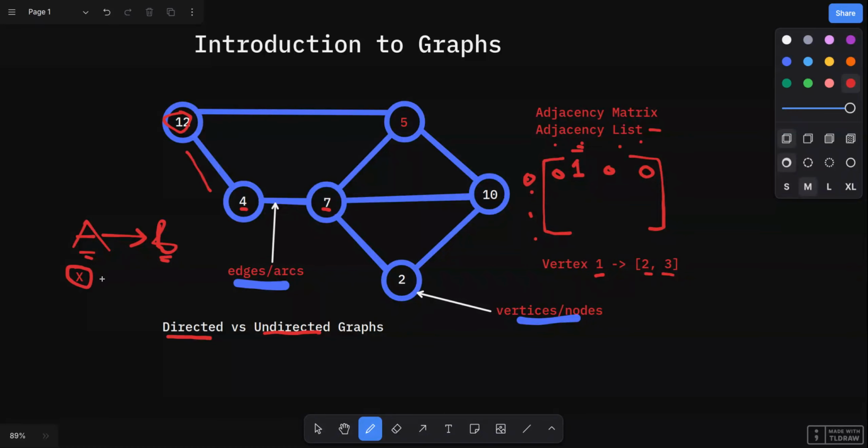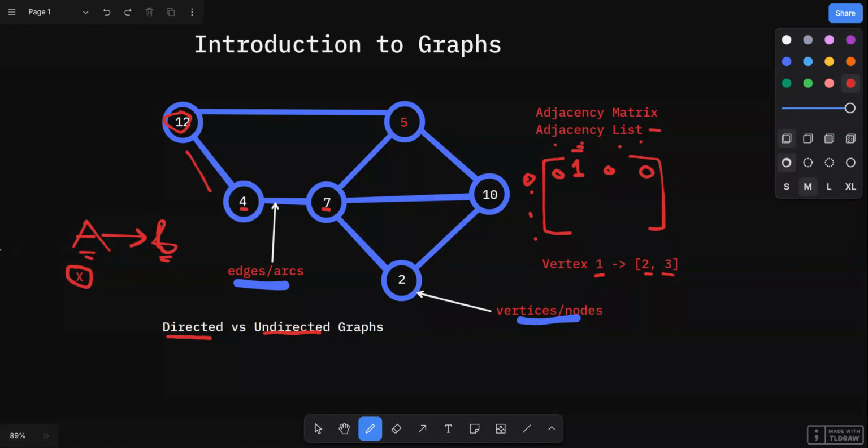So that is what we refer to as a directed graph. The example graph that we have here is undirected, but if it was a directed graph, then you'd see arrows pointing in different directions, basically to show the relationships between these vertices or nodes. So I'm just going to remove those for now.